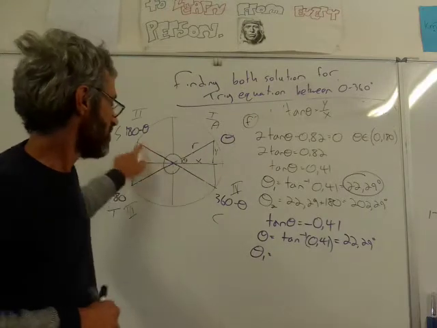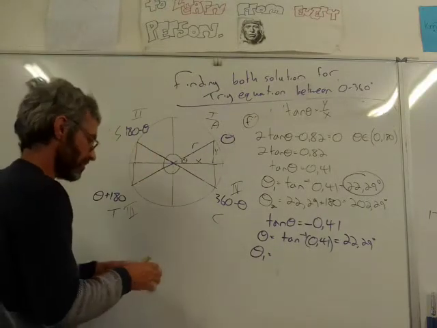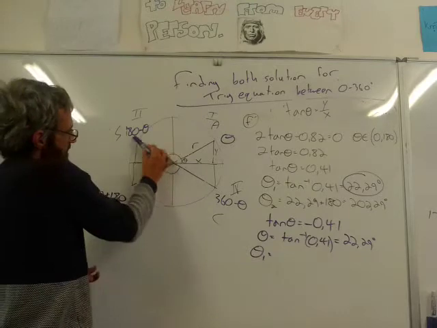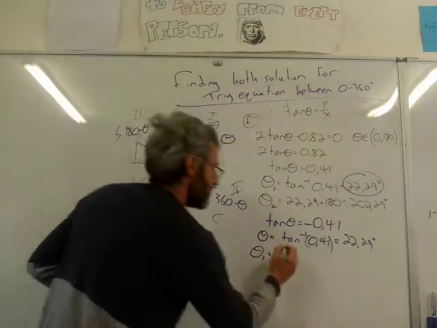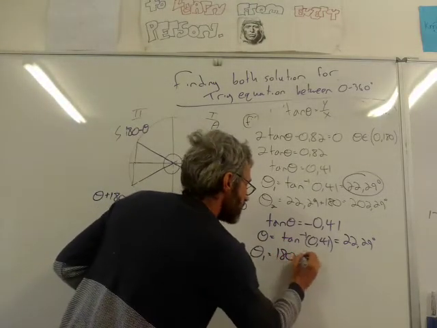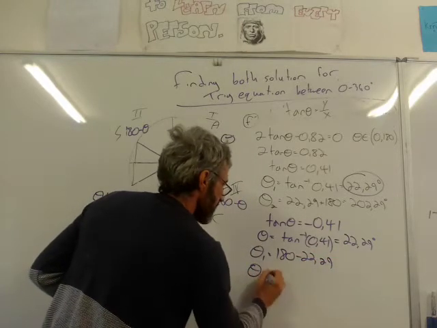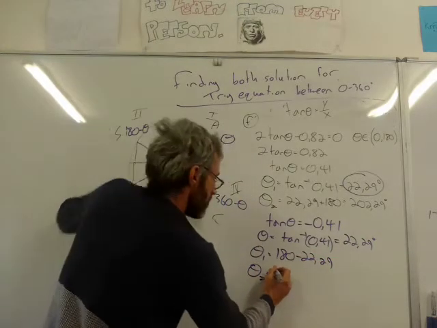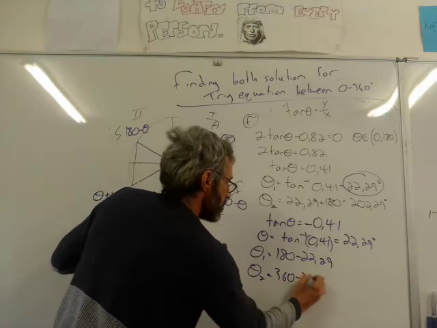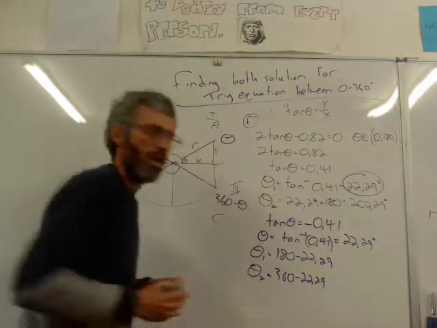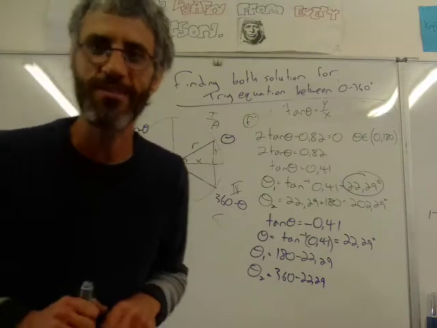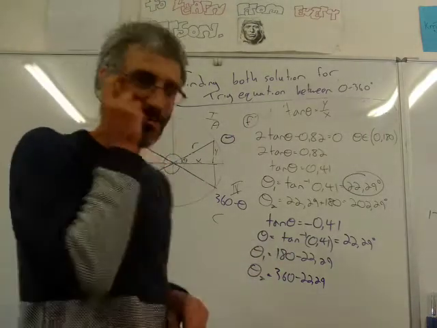So it's those two. For your first solution, from here to get to there, what do I do? 180 minus theta, so it's 180 minus 22.29. And the second solution is going to be 360 minus 22.29. I'm going to leave you to do that on your own.